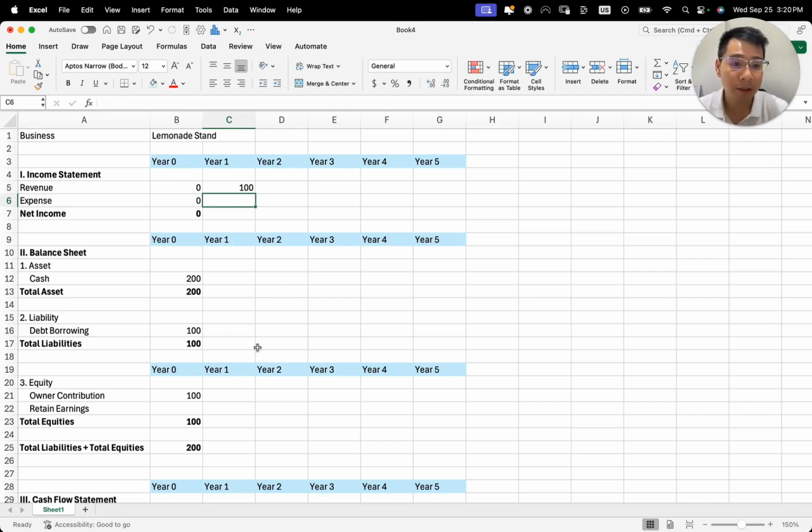You put in $200 to start a lemonade stand, and you make $100 of revenue. You're going to spend around 40% of that $100 on ingredients, the cups, and the lemons you're buying from the store. So you spend $40 on expenses for ingredients, plus whatever you pay yourself for your labor. That makes your net income 60.